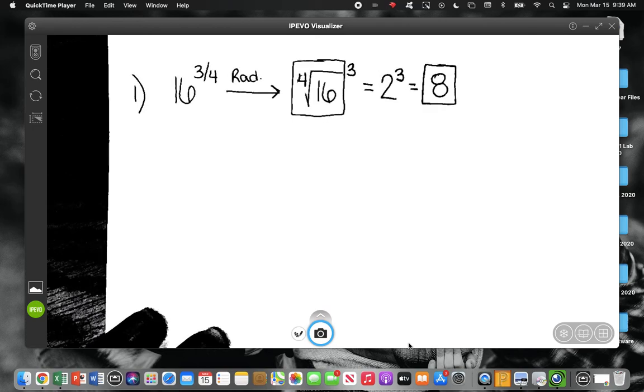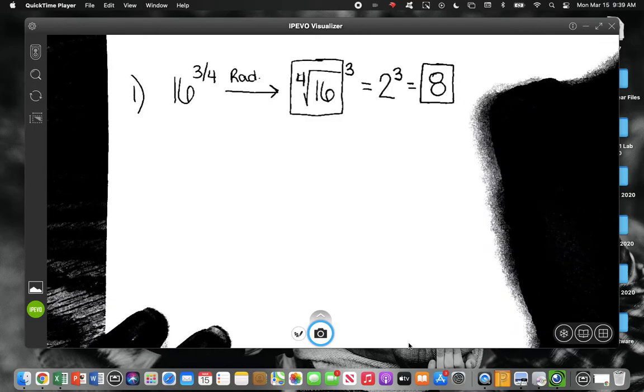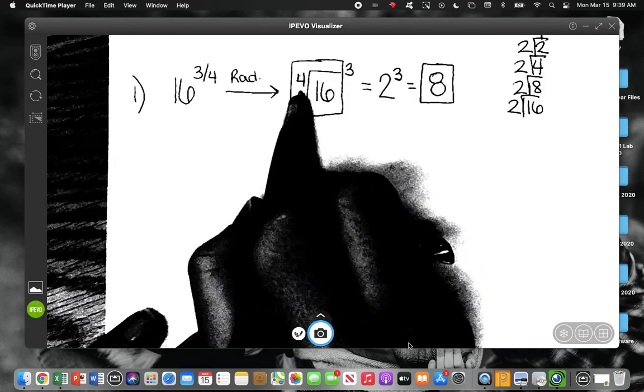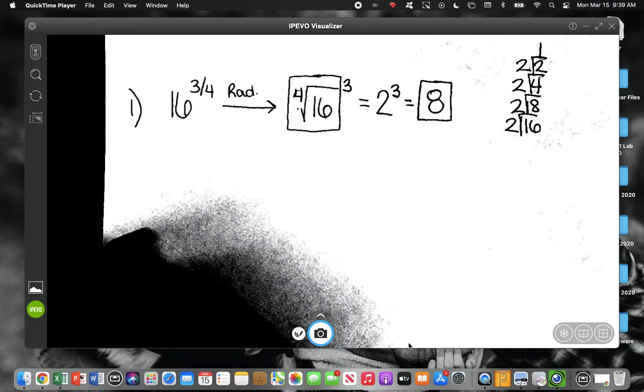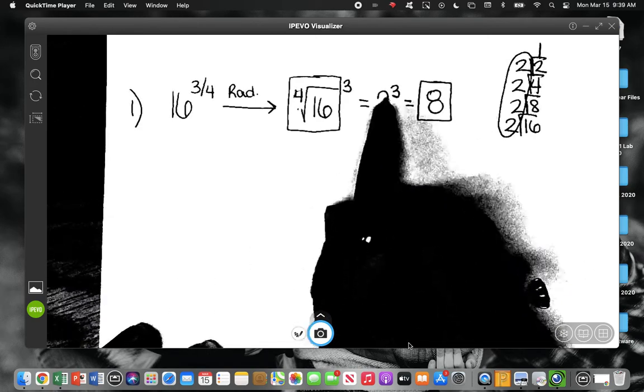So if you did not know that the 4th root of 16 is 2, you could do the cake method. All right, and if it's a 4th root, we're looking for a group of 4, and if you can see, my group of 4 is just a group of 2's, so we got 1 2 to the third power.